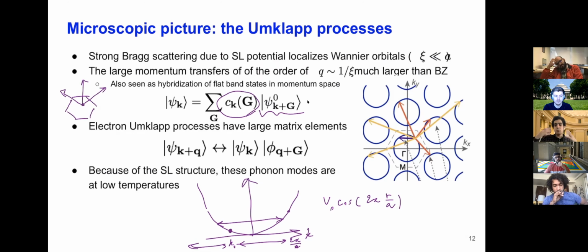I will solve it, I will get these eigenvectors, and these eigenvectors now give me the superposition, the composition of this original lattice.